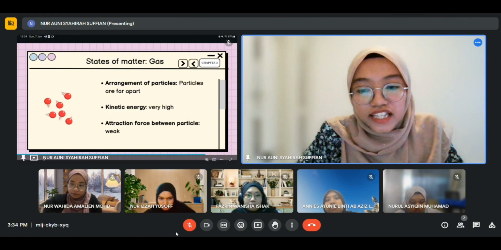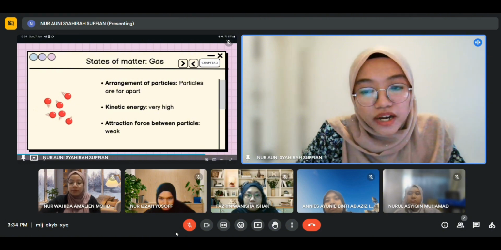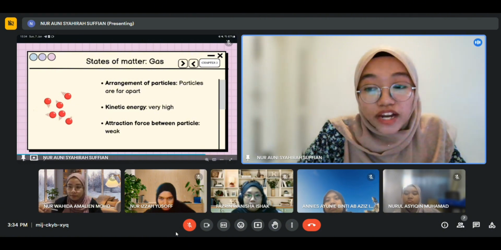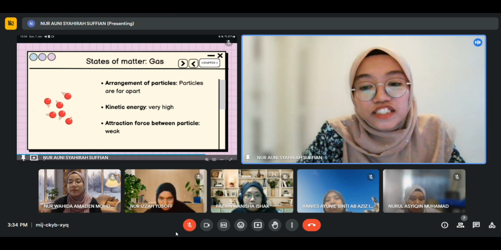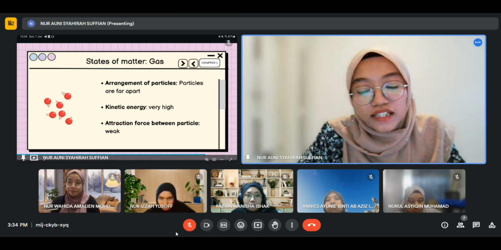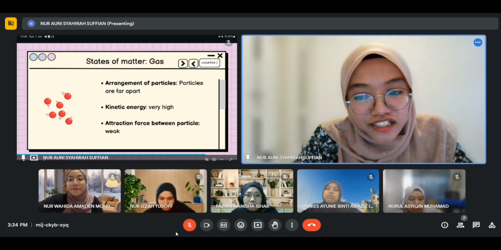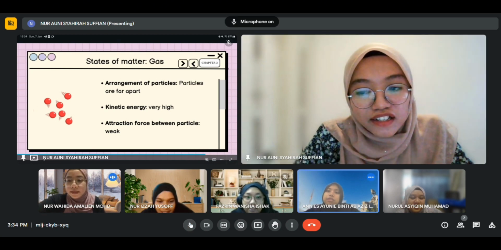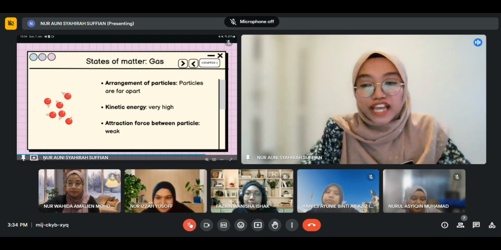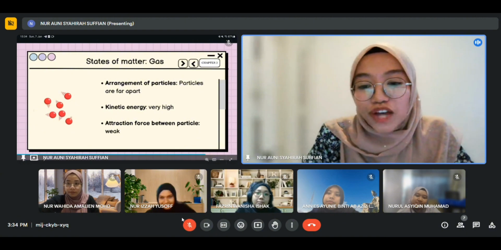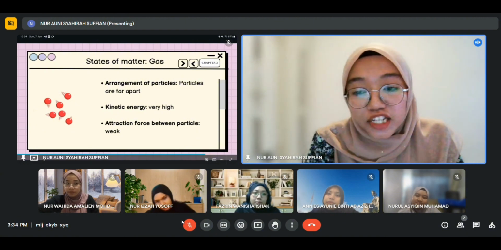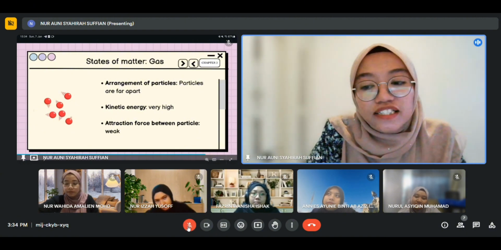And lastly, in gas state, the particles are far apart. Kinetic energy is very high but the attraction force is weak compared to other states. Clear, students? Yes, teacher.